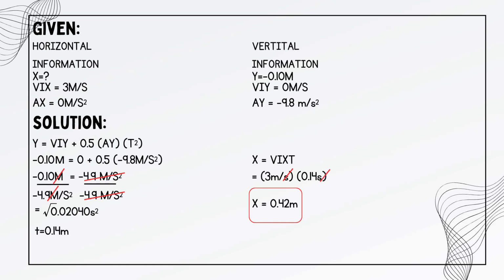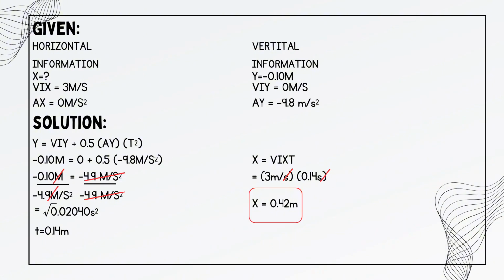After getting the horizontal and vertical information, we can now solve it. We can use this formula to get the value of time. Let's now substitute the given values into the formula, so we can start to solve it. Negative 0.10 meters is equal to 0 plus 0.5 times negative 9.8 meters per second squared.